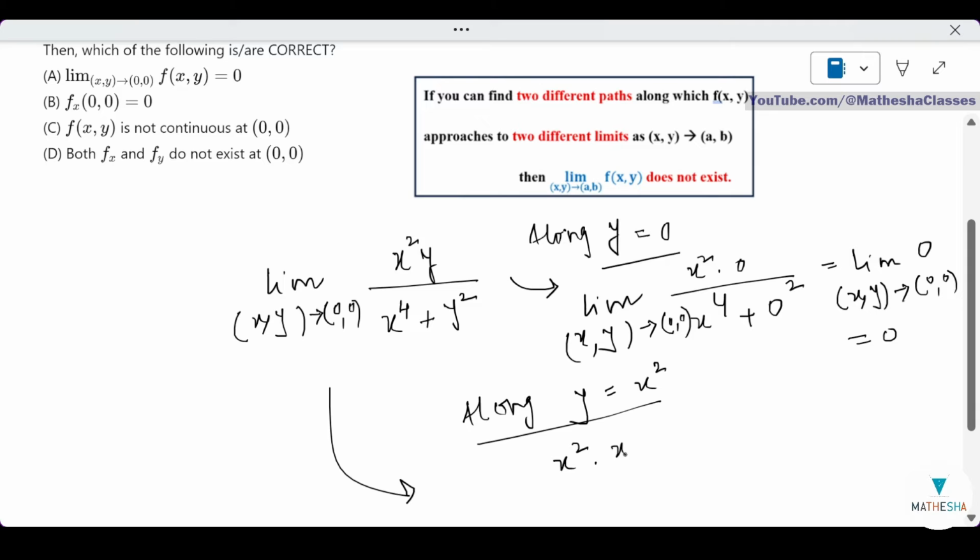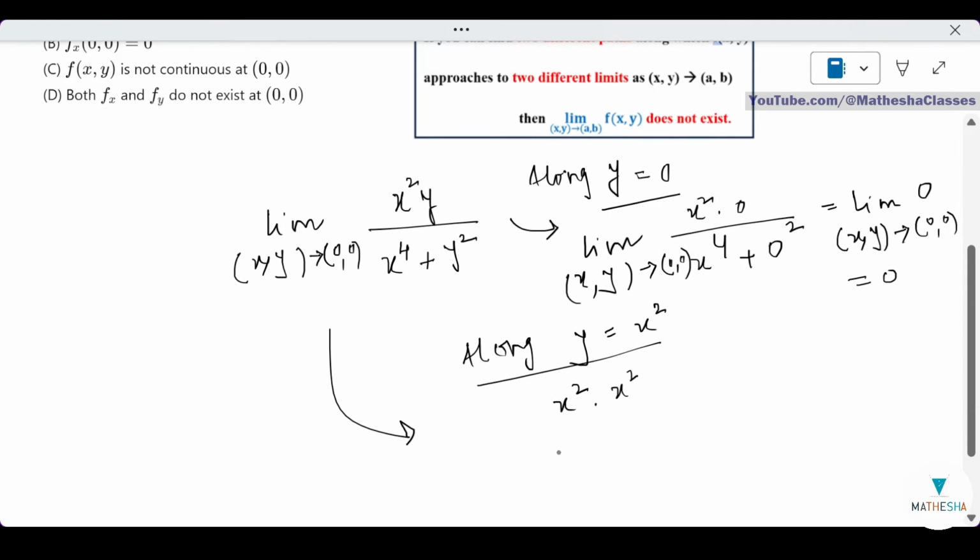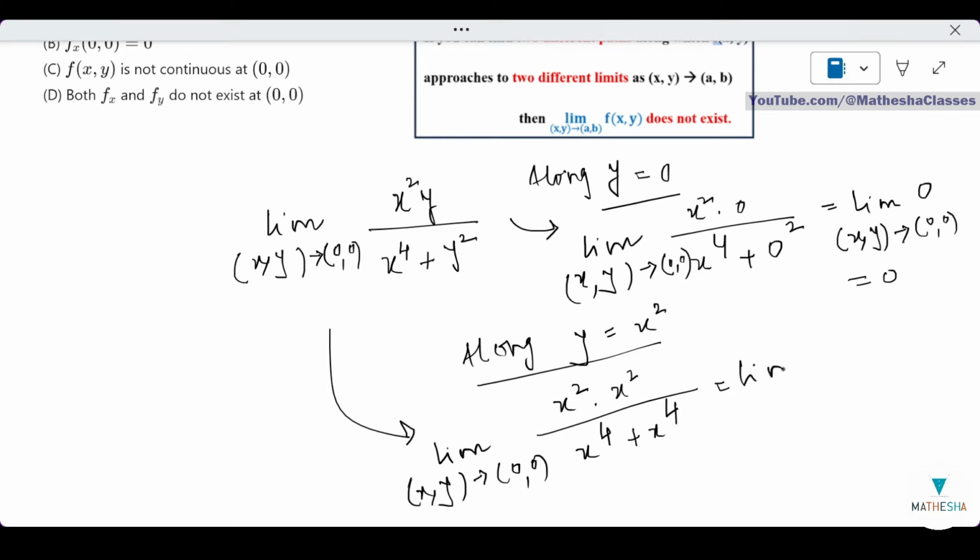So once again x square upon x^4 plus y square means x^4, and then we'll be taking the limit as (x,y) tends to (0,0). So that is becoming limit of x^4 upon 2x^4, so it is half. So this time you are getting the value of limit as half.